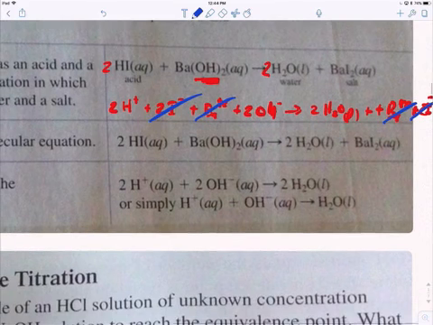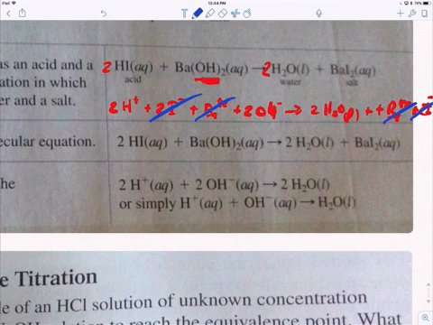And so when you look at any acid-base reaction, at least in water, the net ionic equation is, well, there's 2 of these. You can simplify it to just, we're making water. So that's the net ionic equation for acid-base: H plus plus OH minus makes H2O.